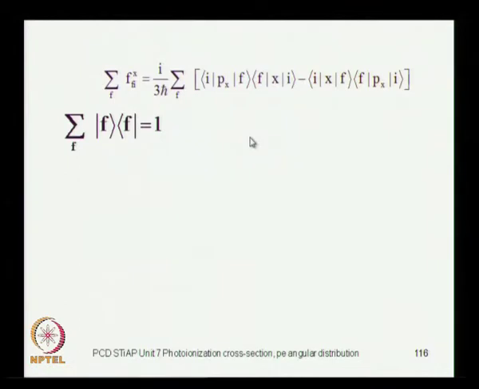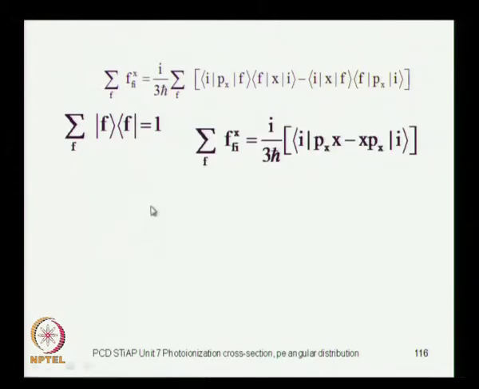Okay. So the resolution of unity, when you consider all the final states, allows you to recognize that here you are taking the difference between these two terms, and the operator whose matrix element is under consideration is nothing but the commutator between position and momentum.